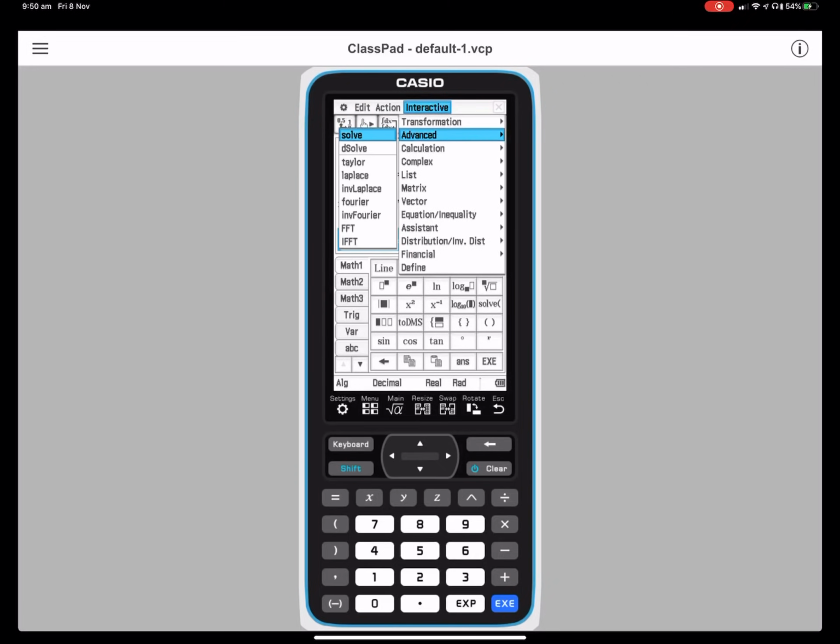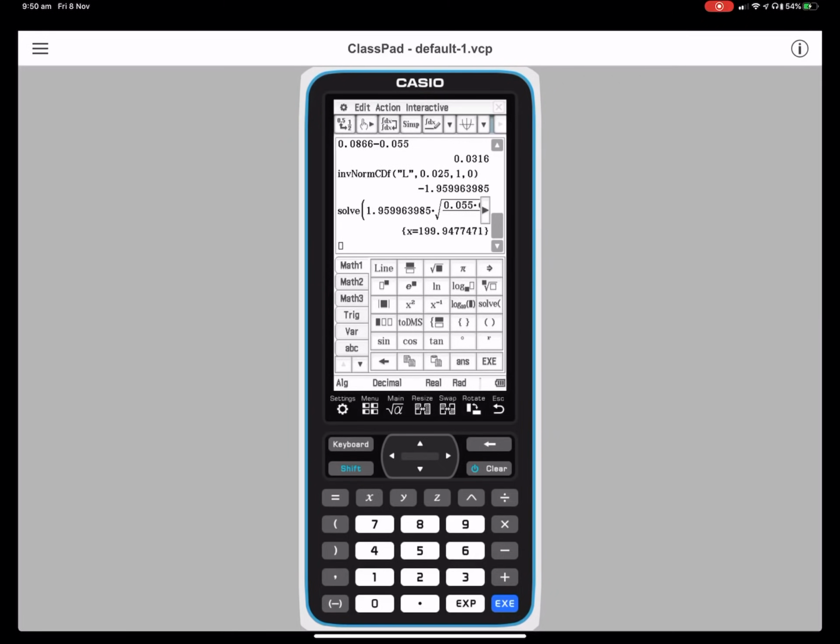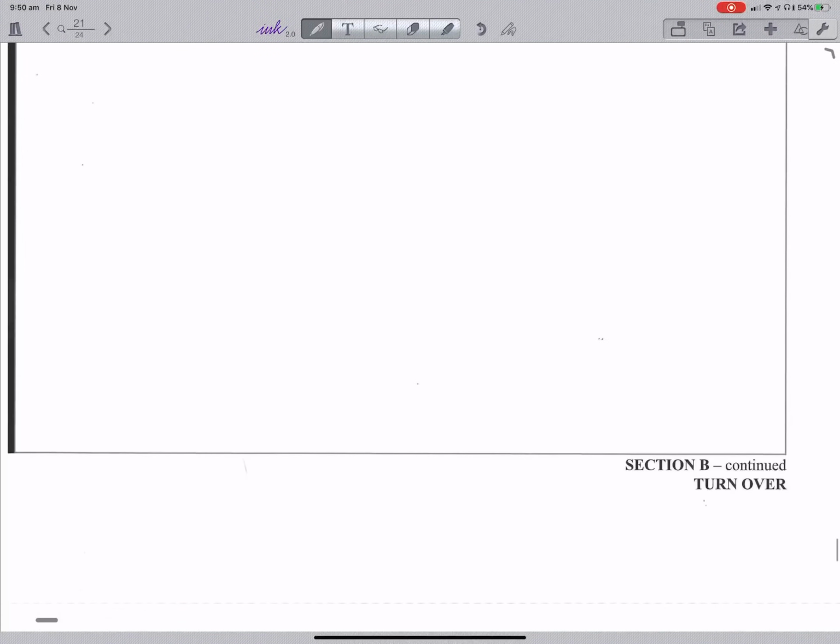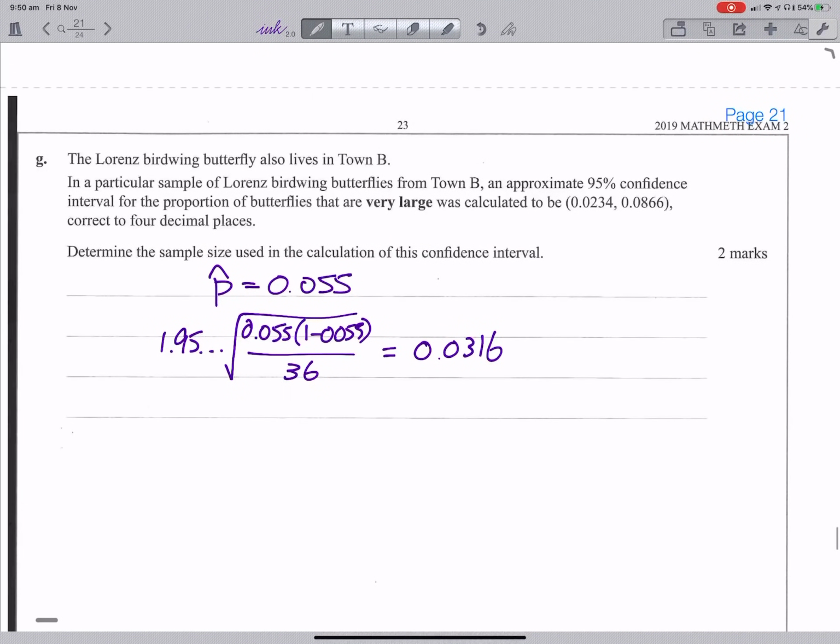Select all, interactive, advanced, solve, 199.94. So therefore n is equal to 199.94. Therefore n equals 200.